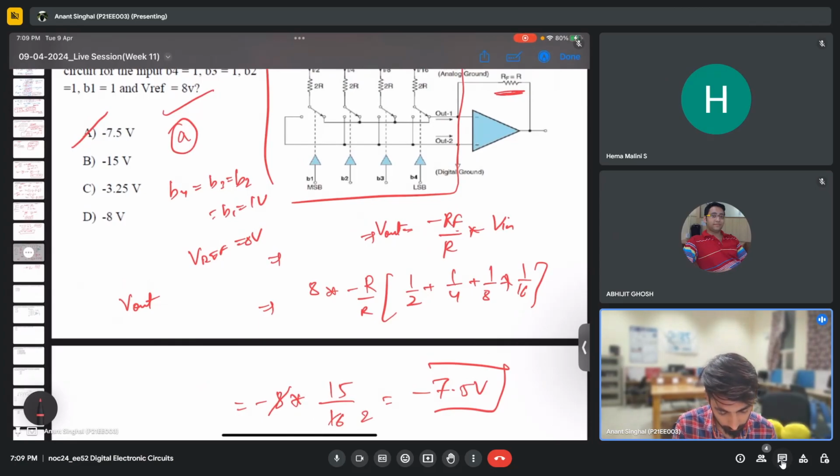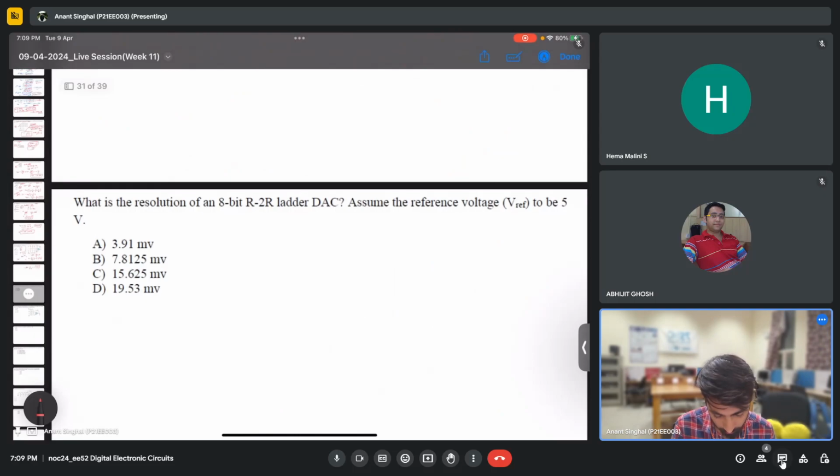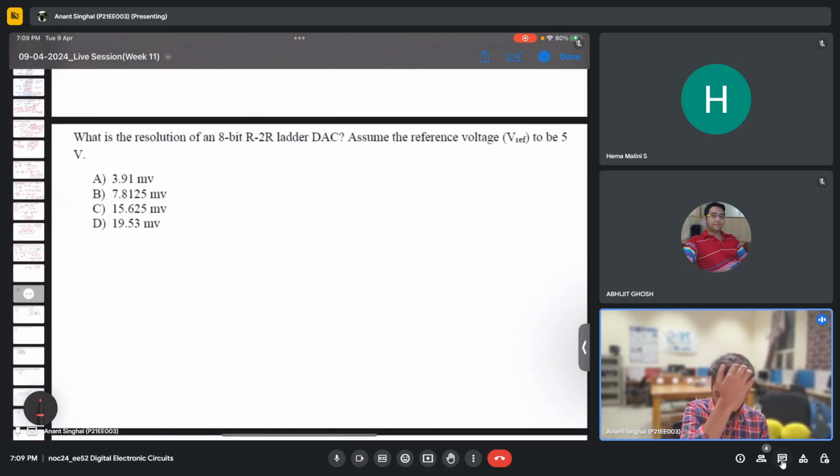So if this is clear, you can try out this question. Again, we have an R2R DAC and VREF is given. You need to calculate the resolution.